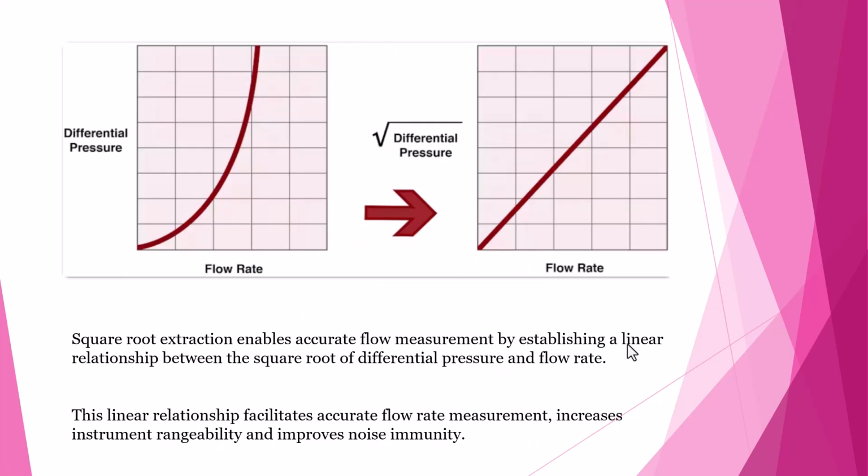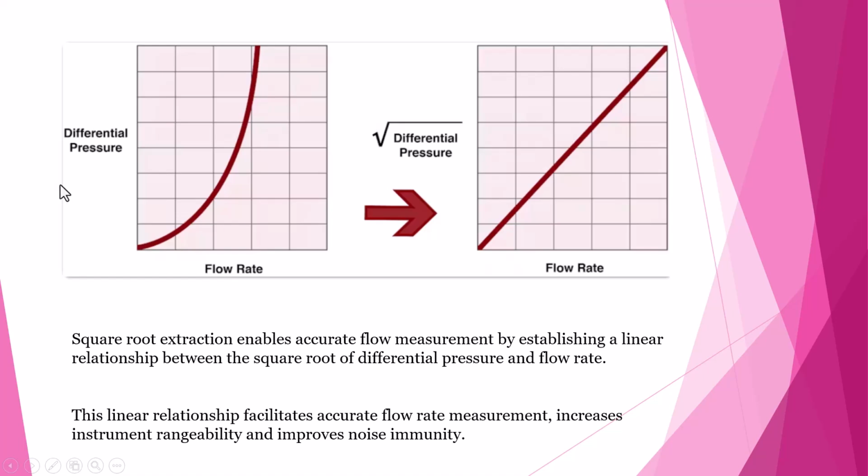Square root extraction enables accurate flow measurement by establishing a linear relationship between the square root of differential pressure and the flow rate. That is the purpose of the square root extractor: to make the non-linear curve become a linear curve.